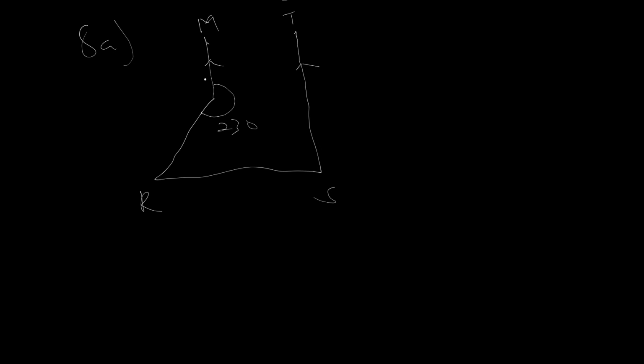Okay, so this is an irregular shape. So we regularize the shape to be able to solve. So first, we can draw a line parallel to line RS to get a trapezium, or even make it more regular by extending the line M to meet line RS. Then we have a triangle and a square.